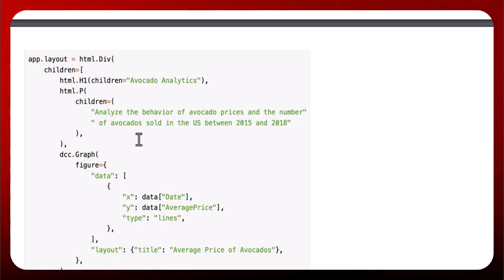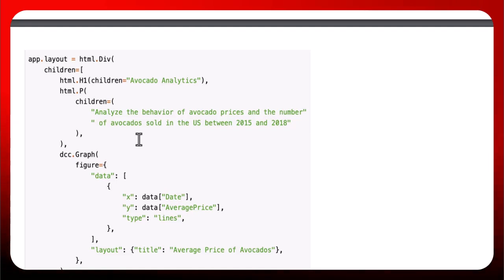Okay, remember that we have DCC, which is special for doing graphs. Okay, now let me walk you through. It's a web page. Okay, now HTML.div. I'm going to make a division, and my division would have a heading and a paragraph.